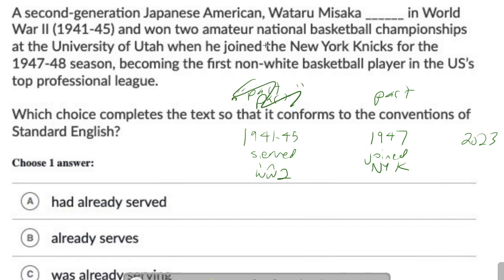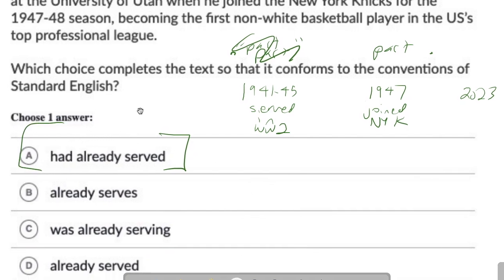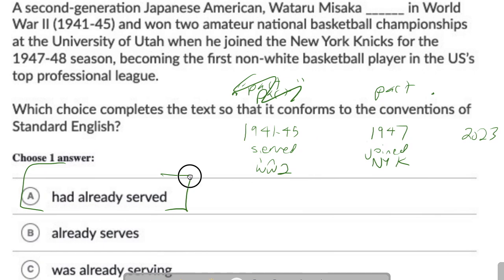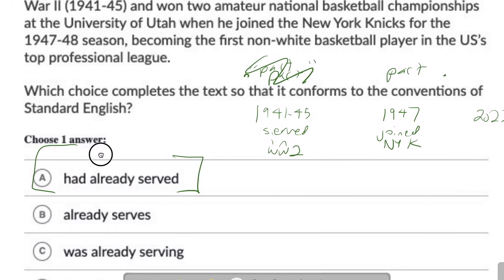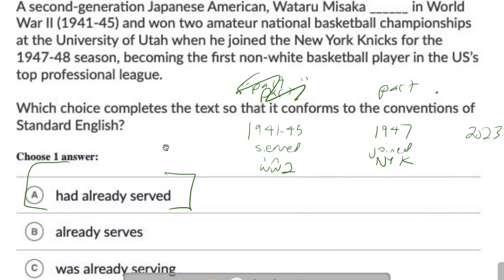It's in the past relative to some other thing that happened in the past, and that's when we would use the past perfect. And something to note here is that had is the same auxiliary verb that you would use if you had a plural. They had served, he had served, we had served, you had served, I had served, it had served. Doesn't matter.